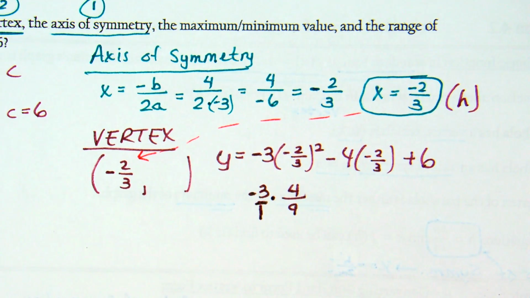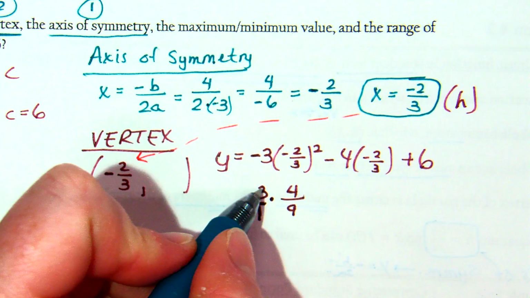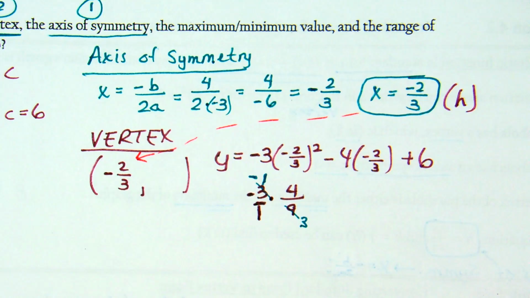Personally, what I would do, what do you know about 3 and 9? They reduce. They both divide by 3. 3 divided by 3 is a 1. 9 divided by 3 is a 3. Or you can think of this still as negative 1. So now when you multiply across, negative 1 times 4 over 1 times 3 makes this part negative 4/3.